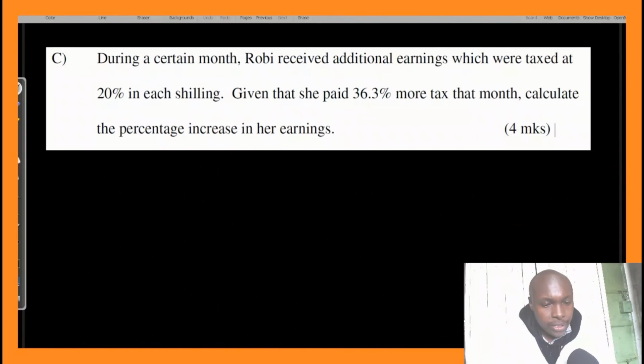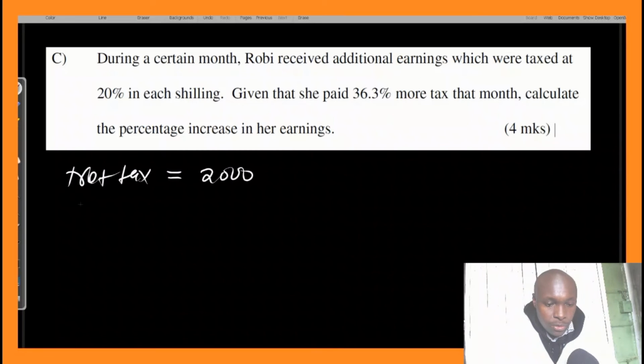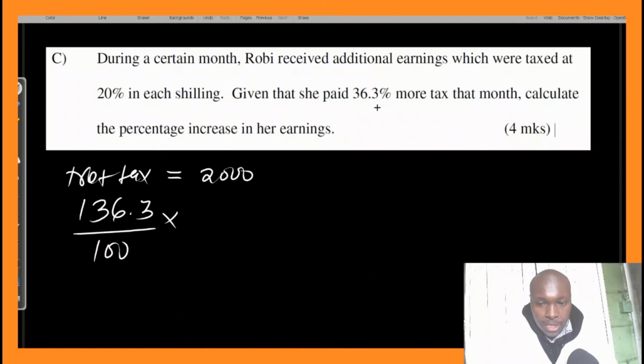So to work out this, we first get how much tax 36.3% more will translate to. Remember, in the previous part, we've identified the net tax. Net tax is 2,000. So when it is 36.3% more, what will it be? We get it by taking 100 plus 36.3, which will be 136.3%, multiplied by the previous month's tax of 2,000.